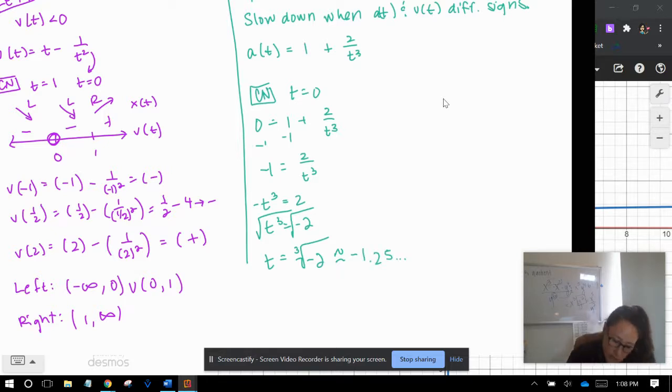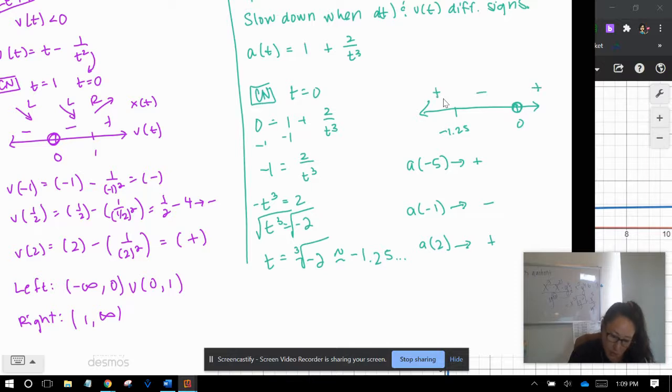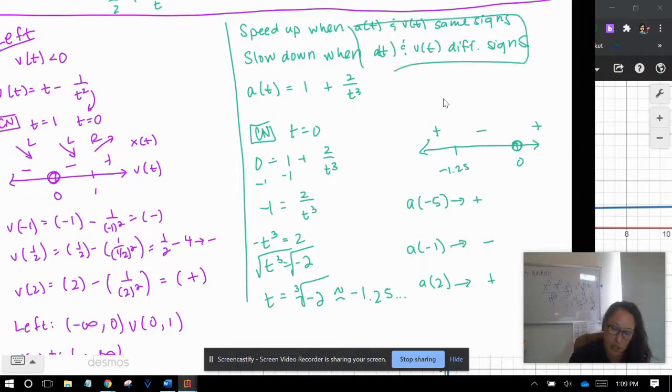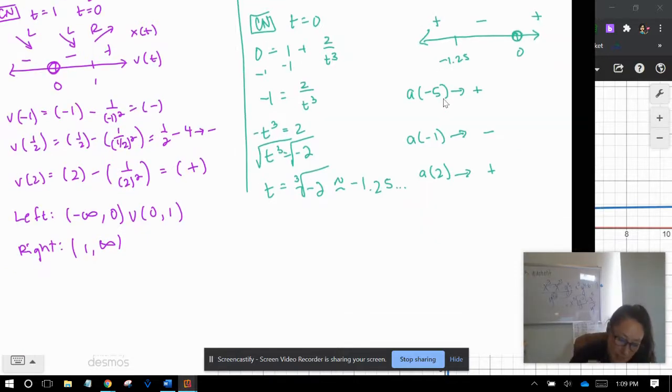Okay, so let's set up our number line. I have negative 1.25 and 0, and we're undefined at 0. So I tested the values a of negative 5, a of negative 1, and a of 2. And here I got a positive, a negative, and a positive. So what this tells me about what I want to do to see if we're slowing down or speeding up is I'm going to draw a double number line, because that's how my brain works.